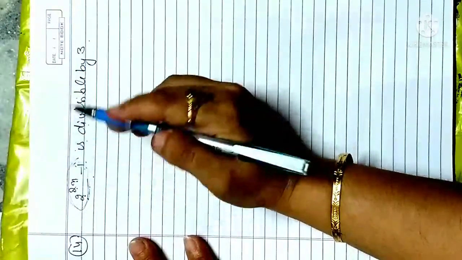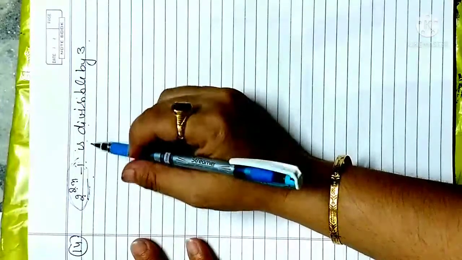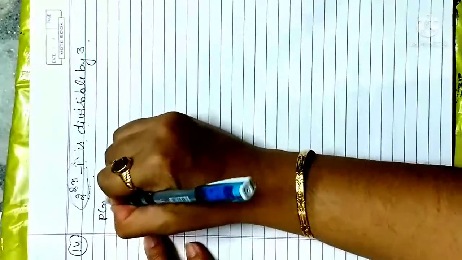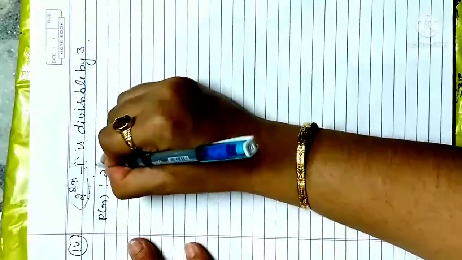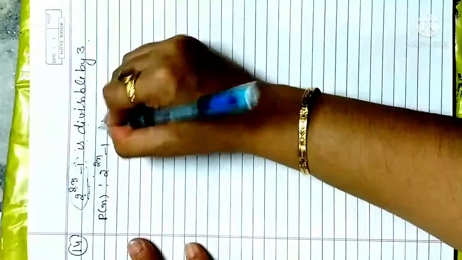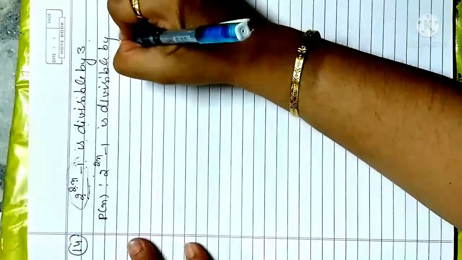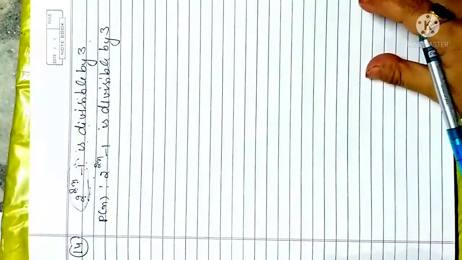So if we replace n with any integer, whatever number you get, is it divisible by 3 or not. So that means my propositional statement will be 2 raised to power 2n minus 1 is divisible by 3.